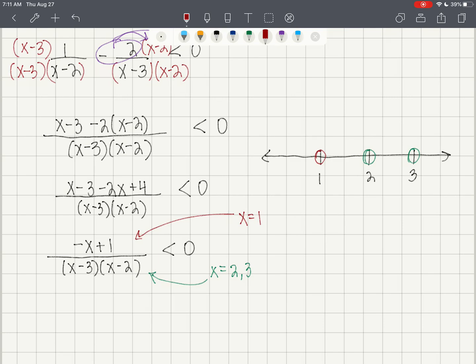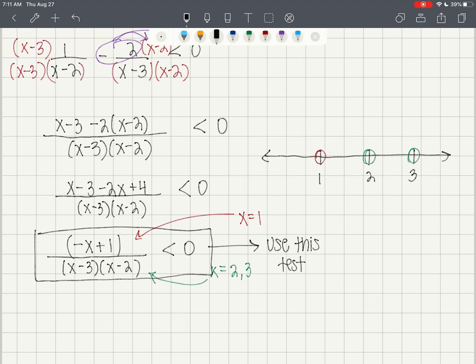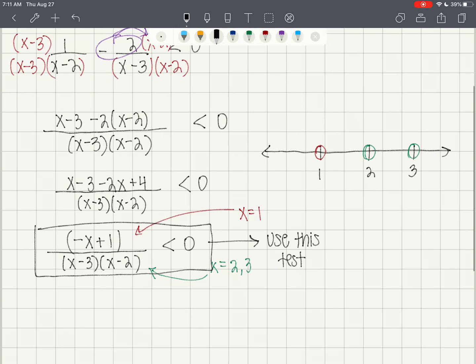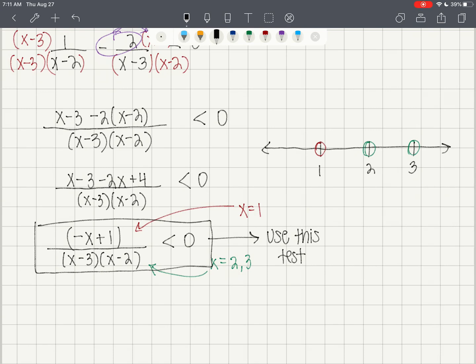Now I need to test each interval, and I'm going to use this form. This is an equivalent form. I'm going to use this form to test. And the reason I'm doing that is because it's going to be easier for me to just test my intervals with the signs, S-I-G-N-S, the signs positive and negative, using the factored form.